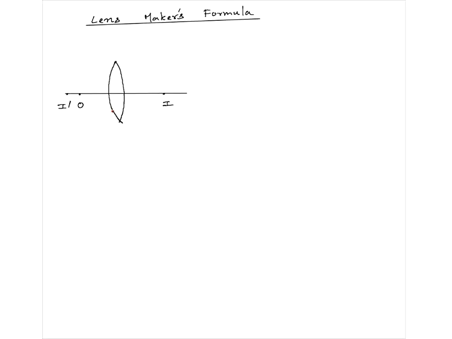First, there will be refraction from this surface. Let's say mu here is mu2, mu outside is mu1.